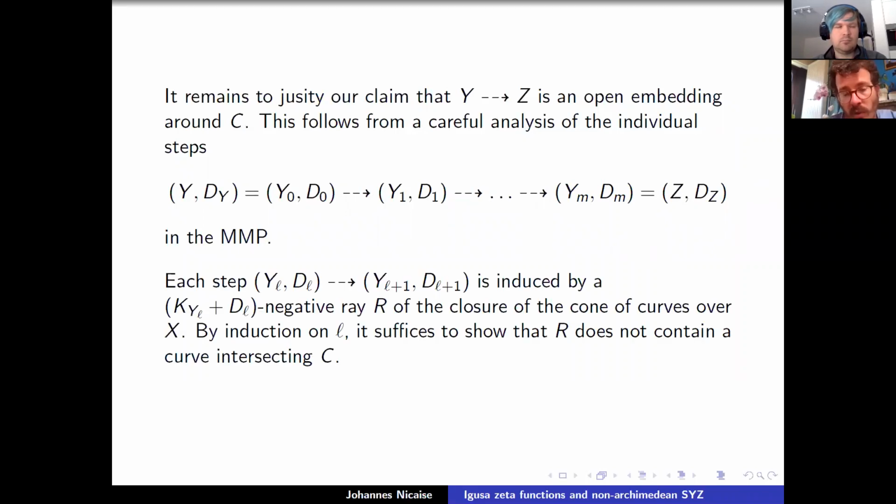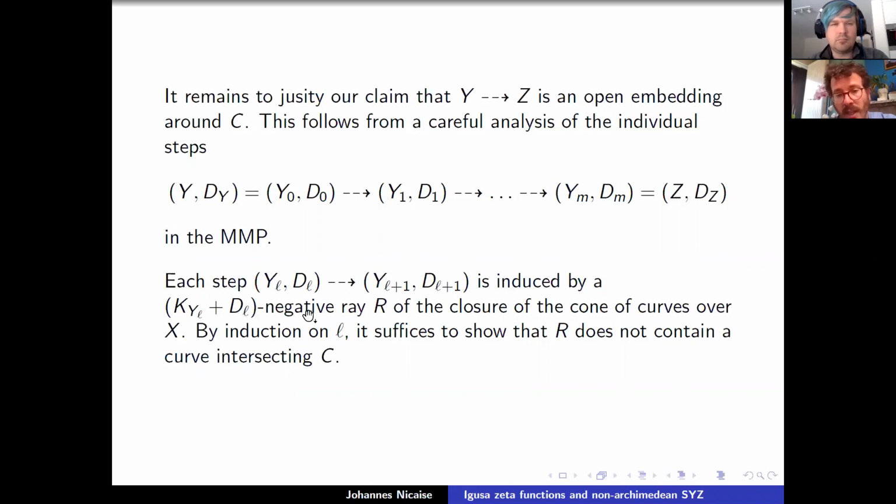Each of these steps is either a divisorial contraction or a flip. It's a kind of birational surgery that we perform on the pair. By the way the MMP is set up, in both cases, this step is induced by an extremal ray of the closure of the cone of curves over X. This ray is negative with respect to the canonical divisor of Y_L plus the divisor D_L appearing in the pair.